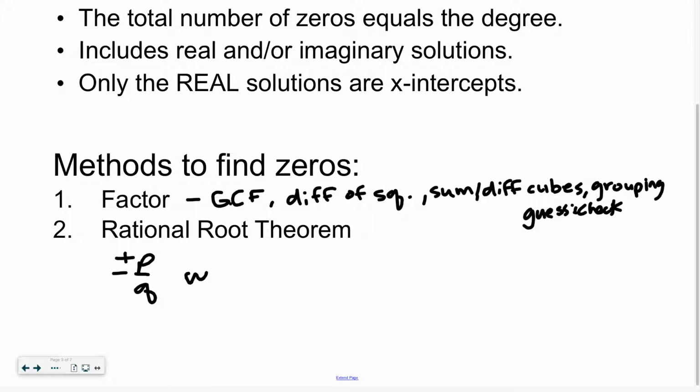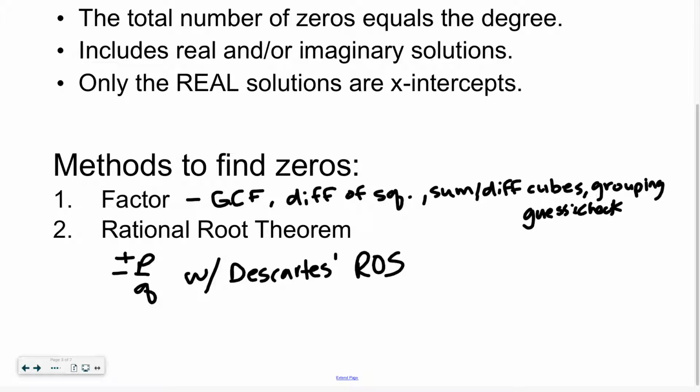You can also use it with yesterday's work, so I'm going to model that for you. I'm going to call it Descartes' ROS for rule of signs. So you can make this list plus or minus P over Q, and then sometimes Descartes can make your list even smaller.